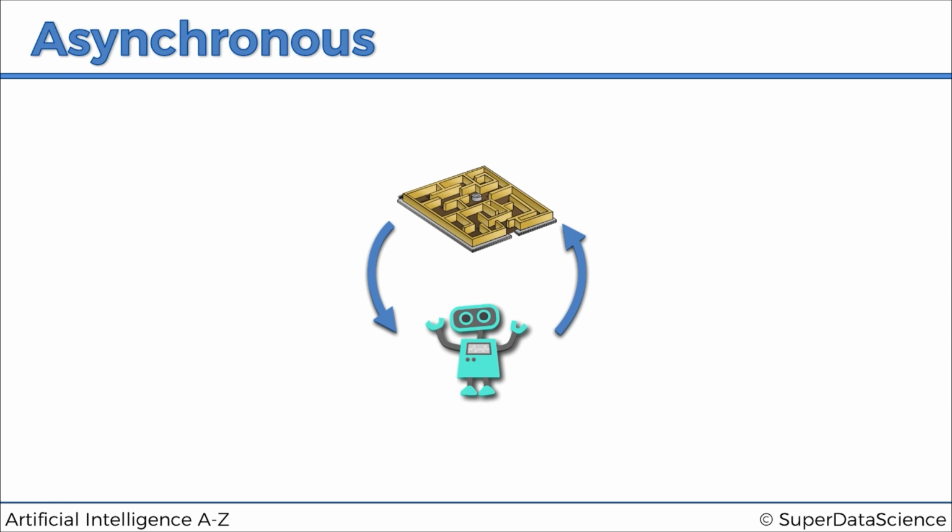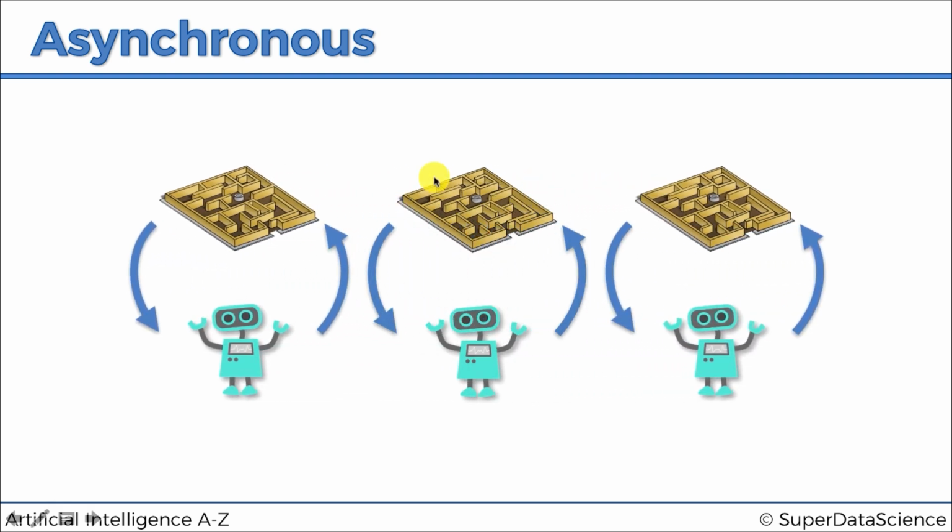What A3C introduces through this asynchronous element is, instead of having one agent attack the environment, they have 3 agents, or whatever number of agents. So several agents attacking the same environment. And the key here, why it's called asynchronous, is because they're initialized differently. So their starting points are different.